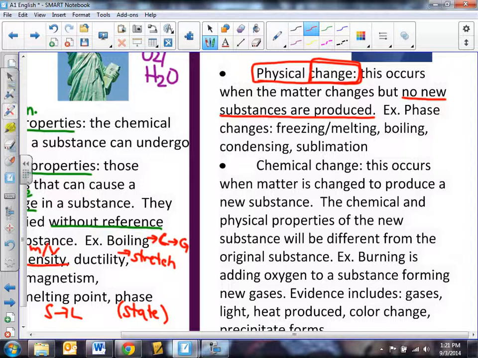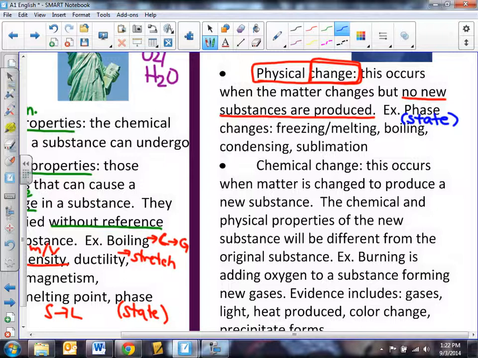And so the best example I could give you of a physical change is a phase change. Phase change, or a state change, talking about the same thing. Anytime something changes between solid, liquid, and gas, I have the same substance even though the matter has changed. That is a physical change.